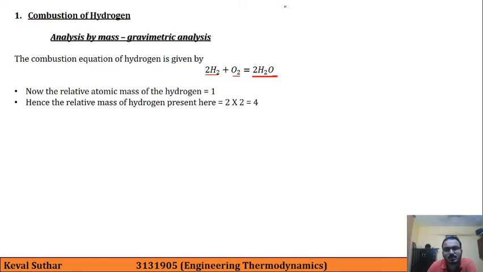Because for hydrogen as an atom we have atomic mass as 1 and hydrogen as a molecule we have the atomic mass as 2, and there are 2 molecules of hydrogen present. That's why it is having total relative mass as 4 in this case. So this entire term 2H2 is weighing 4.